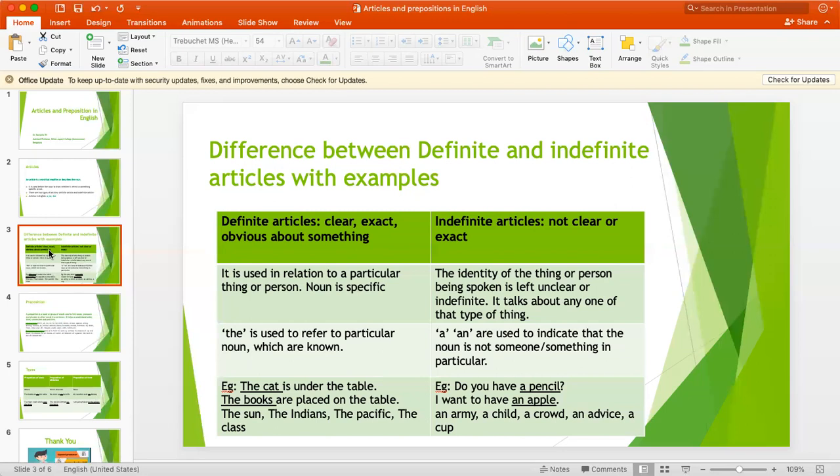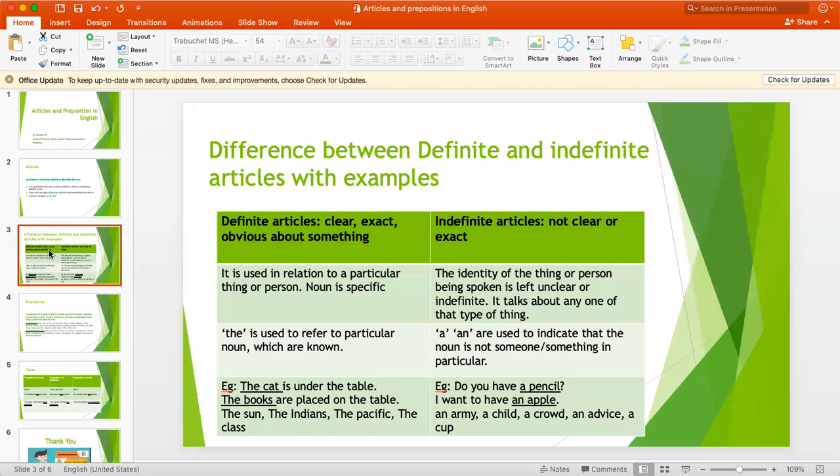All right, with this we'll move on to the indefinite articles. Indefinite articles are something which is not clear or exact, something in general, and the identity of the thing or person being spoken of is left unclear or indefinite.